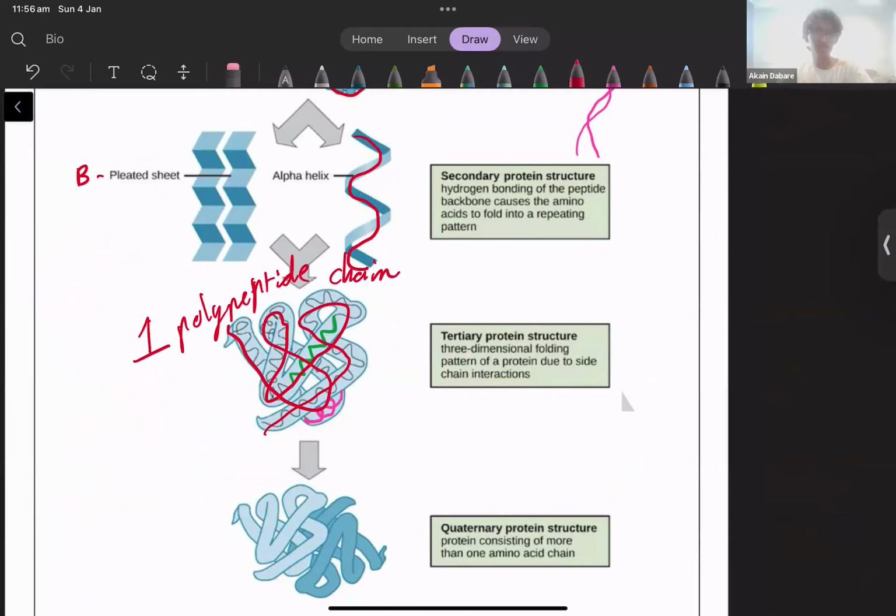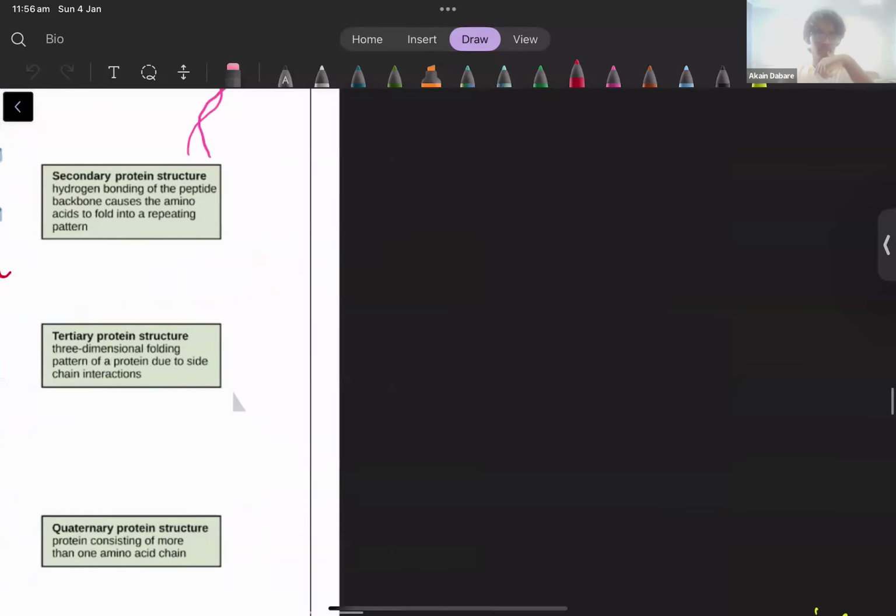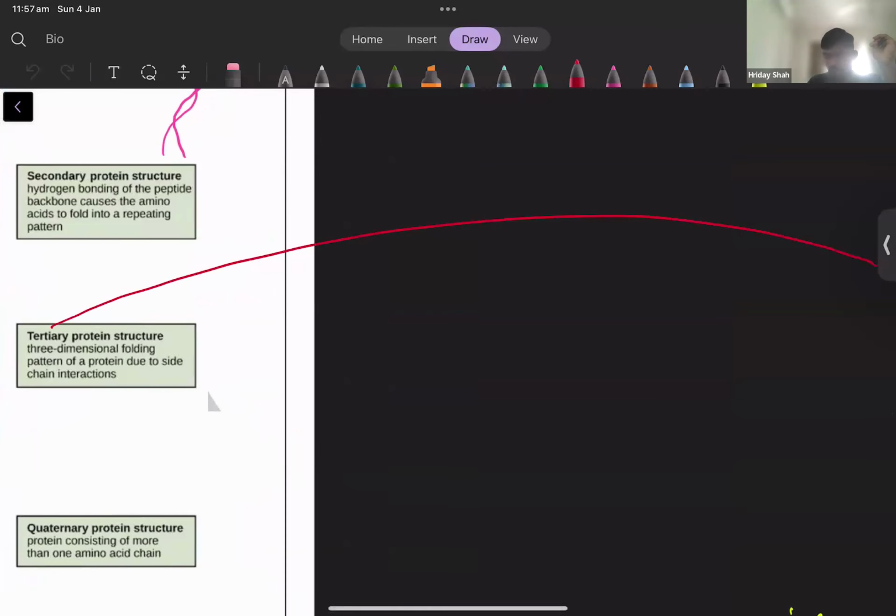Yeah, but there's multiple alpha helices and pleated sheets, like you said, right? Yes. So if you imagine something like this, this is one polypeptide chain. You might have some beta pleated sheets here, alpha helices here, beta pleated sheets here. That's from the folding of still one polypeptide chain.